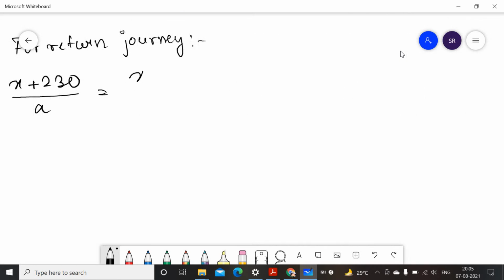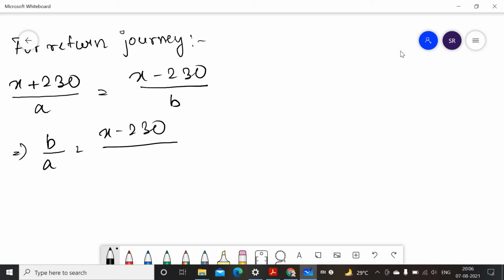So B traveled x minus 230 distance at the speed of B meter per second. So from here also we will get an equation of speed. Sorry, here I have not added 1x.